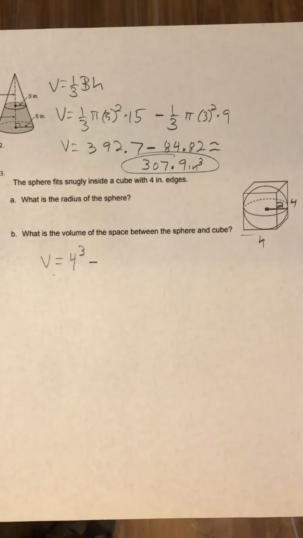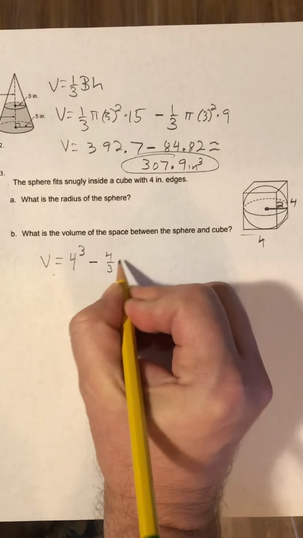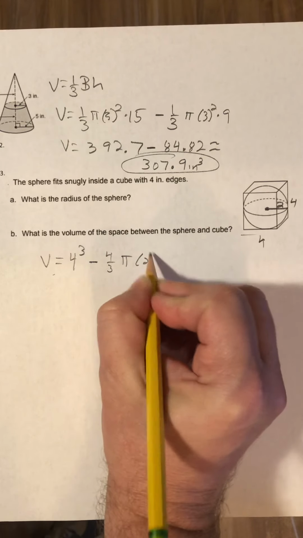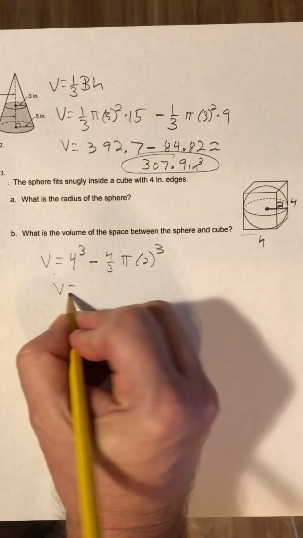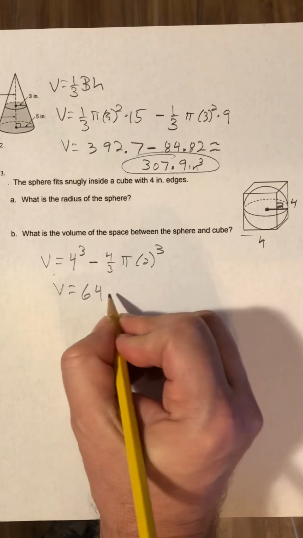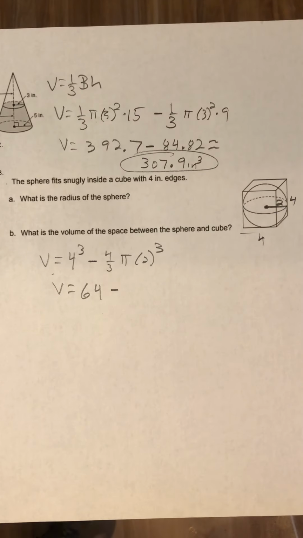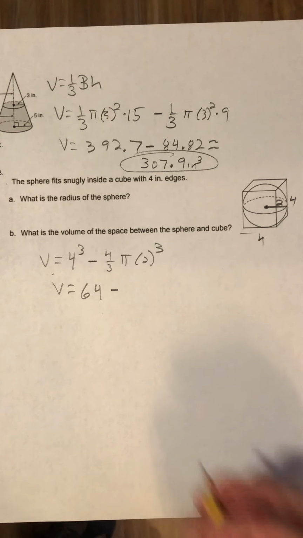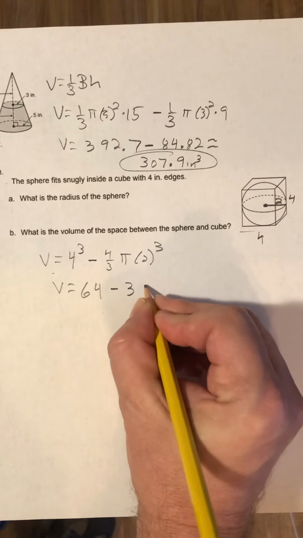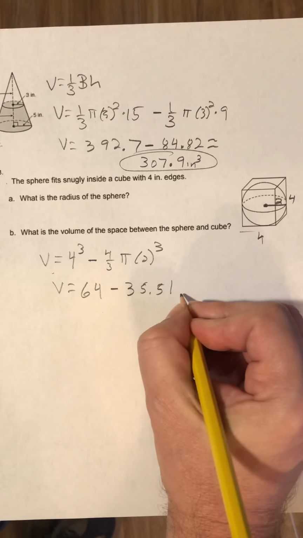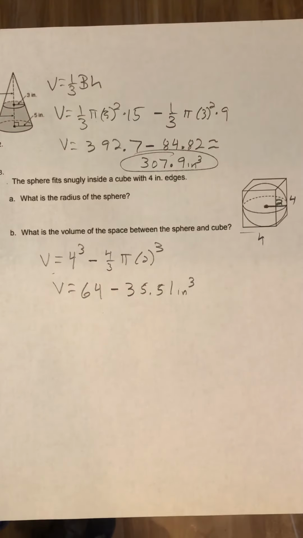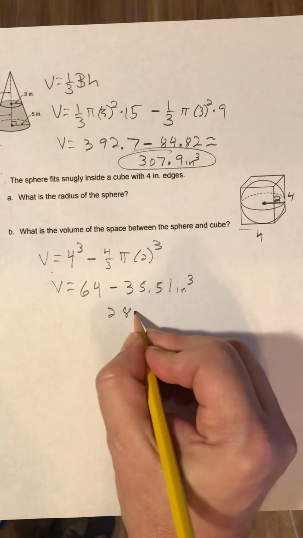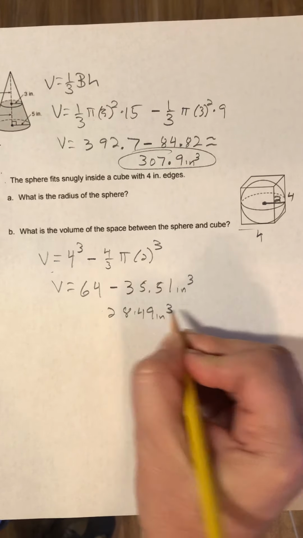Okay, so minus 4/3 pi r cubed. Okay, so the volume 4 to the 3rd power is 64 minus 4/3 times pi times 2 to the 3rd power. When I multiply all that out, I get 35.51 cubic inches. And so when you simplify all this, you get 28.49 cubic inches.